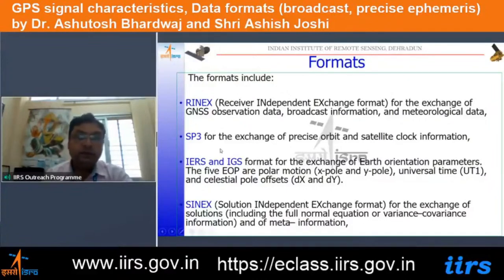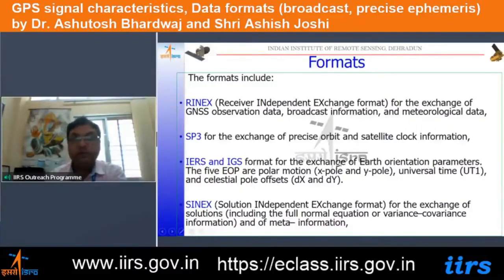Then for tectonic measurements, we need to take care of the precision and rotation also. So IERS, International Earth Rotation Service, and International GNSS Service formats for the exchange of Earth orientation parameters are also required. These files can be downloaded and used in the processing.